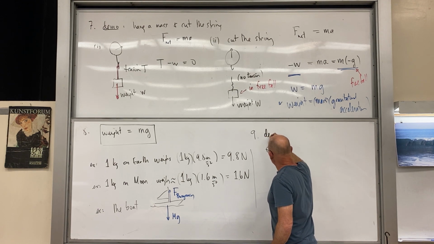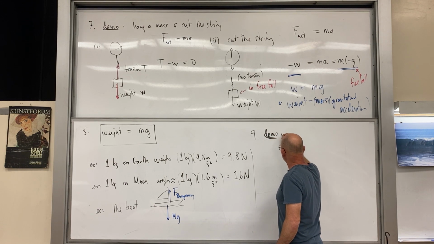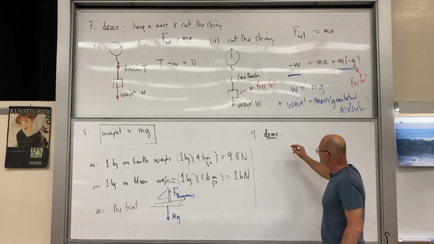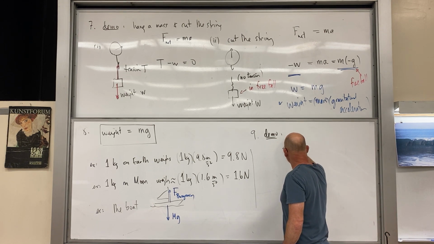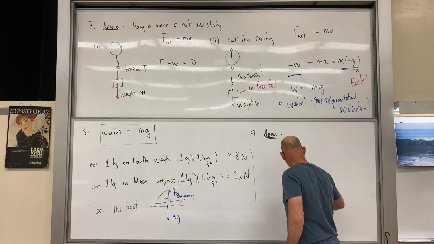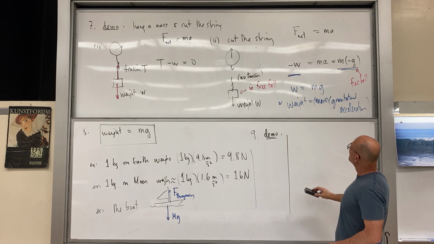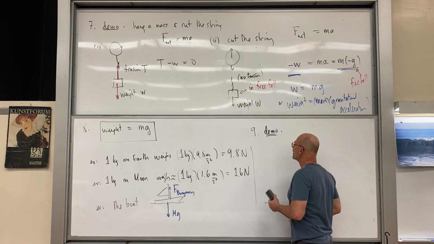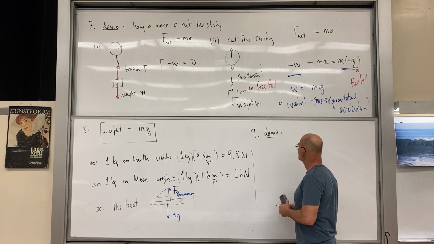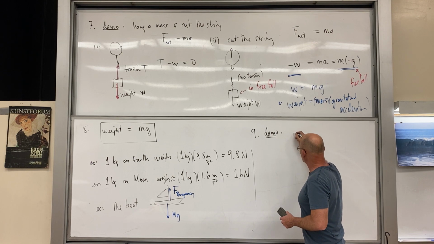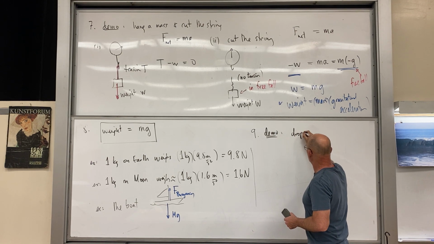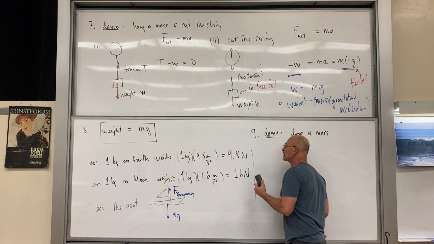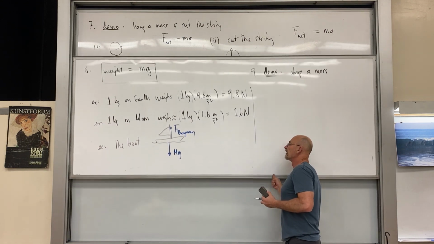So now again, I'm calling it a demonstration, but it's a demonstration in your brain. The object here, so let's go ahead and give ourselves an x-axis. I think what I'll do is open up a full board demo. I'll just say drop a mass, and I'll get a little more space up there.